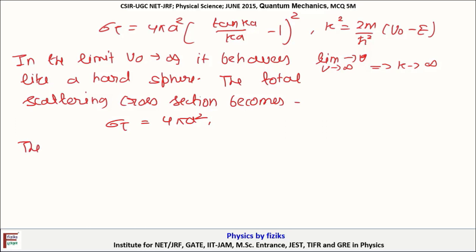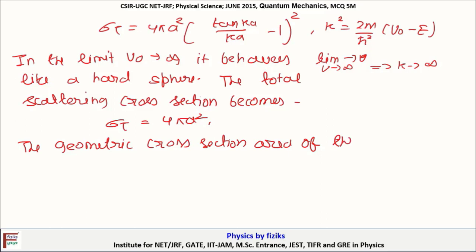The geometric cross section area of the particle is sigma cs equals pi a square.